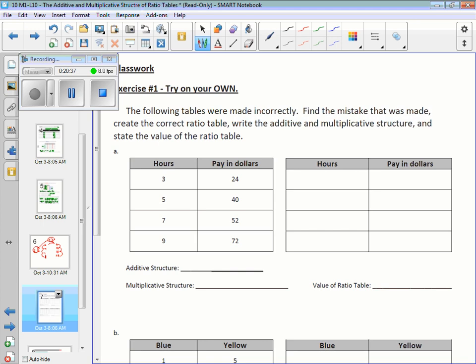You could use either additive structure or multiplicative structure to figure this out. Take a look at it carefully. One number is not right. All together, you have 8 values in that table. One of them is not correct.